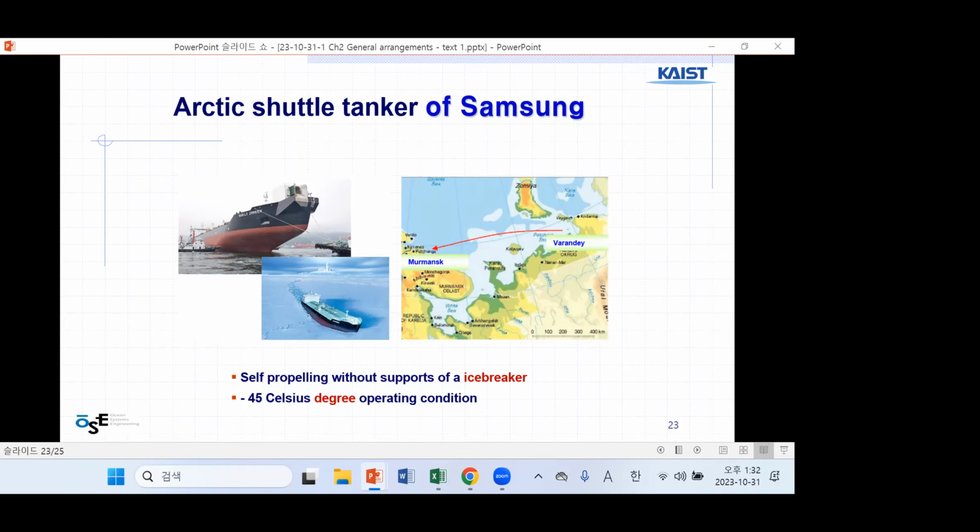They are trying to go to Murmansk or something like that. Because those trays of the ship are floating again, right? We need to have a braking device.